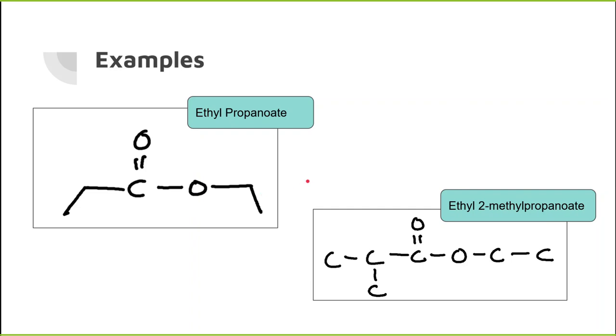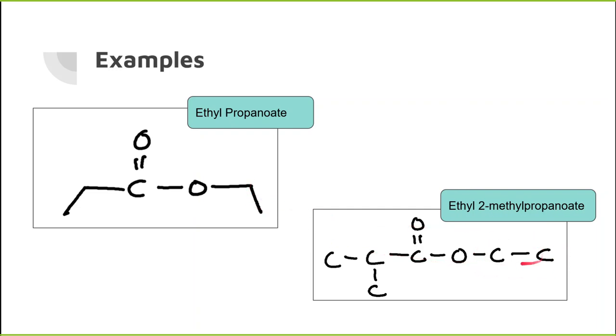So here's some examples. On our alcohol part, we've got an ethyl group. So this was ethanol, and it came in and reacted with this. So that's ethyl now. And then we've got 1, 2, 3 carbons. So that's propanoate. And over here, we've got an ethyl group. So that's the same as this.